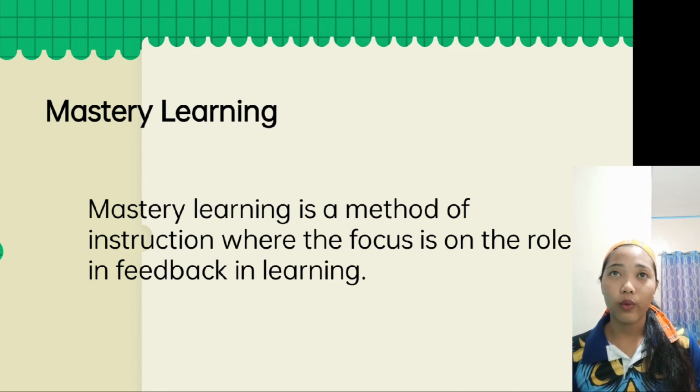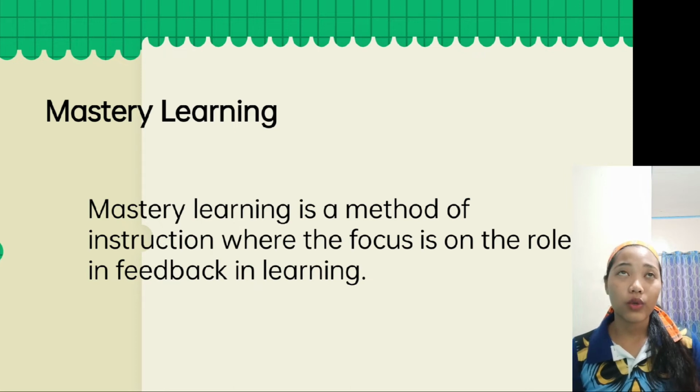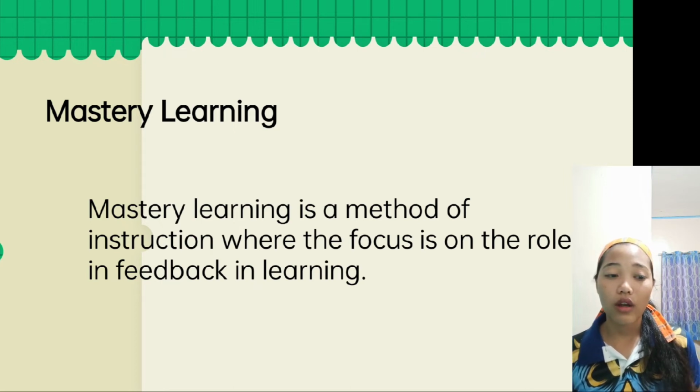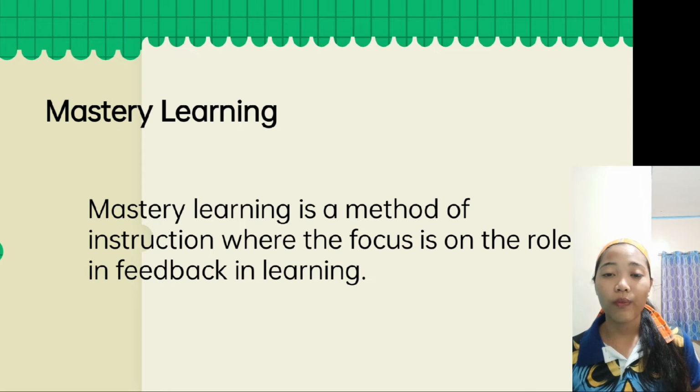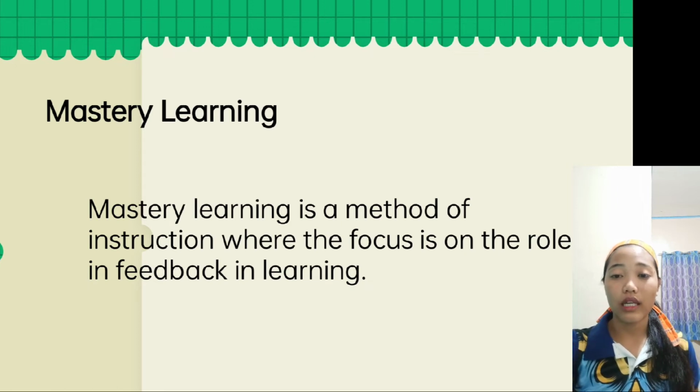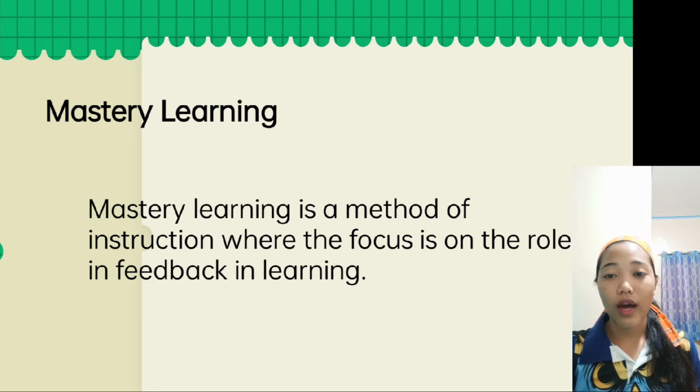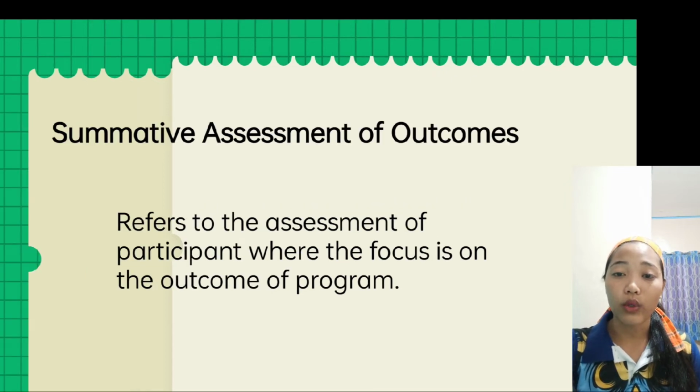So if the teacher asks some questions about their discussion, then the student will answer and give their ideas or opinion about what they have learned, what they have understood about their discussion. So that's the time that the teacher will give feedback to that student as a reward of their learnings and understanding about the lesson.